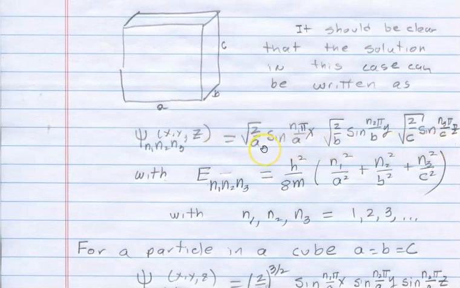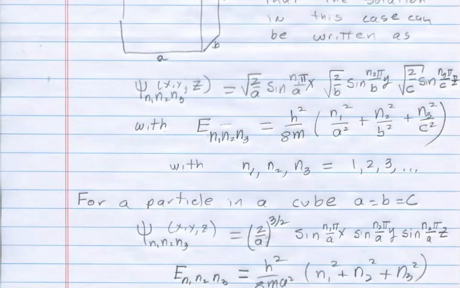We use the normalization by separating out the normalization in the x, y, z, and t. And we find the corresponding energy levels are labeled by n1, n2, n3, and those are this one here. And then, of course, n1, n2, and n3 can be any combination of positive integers for this.